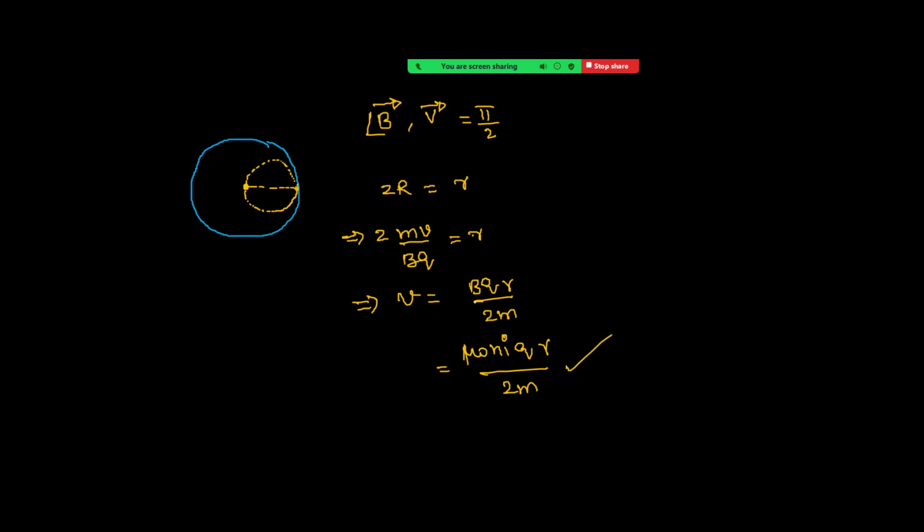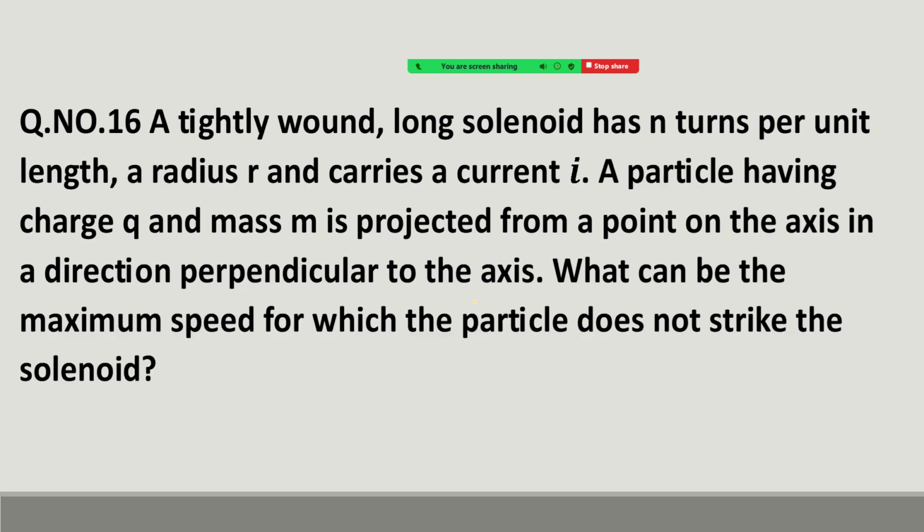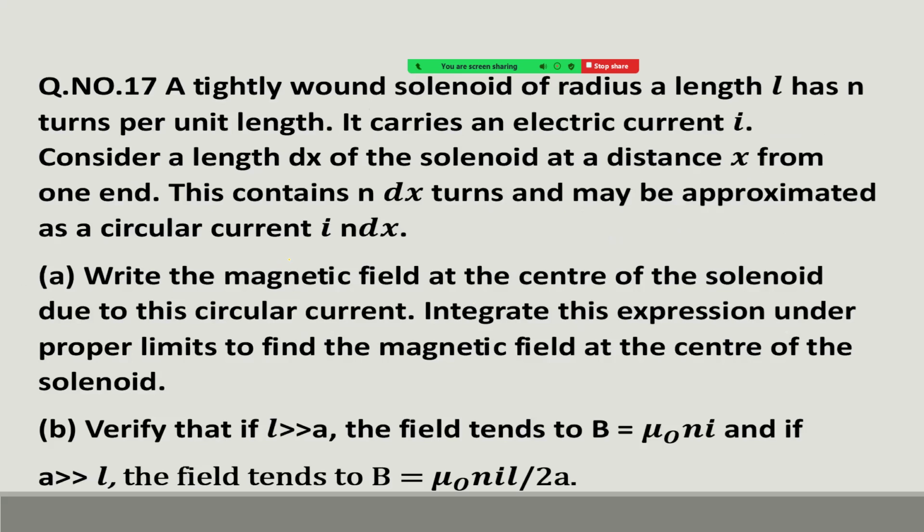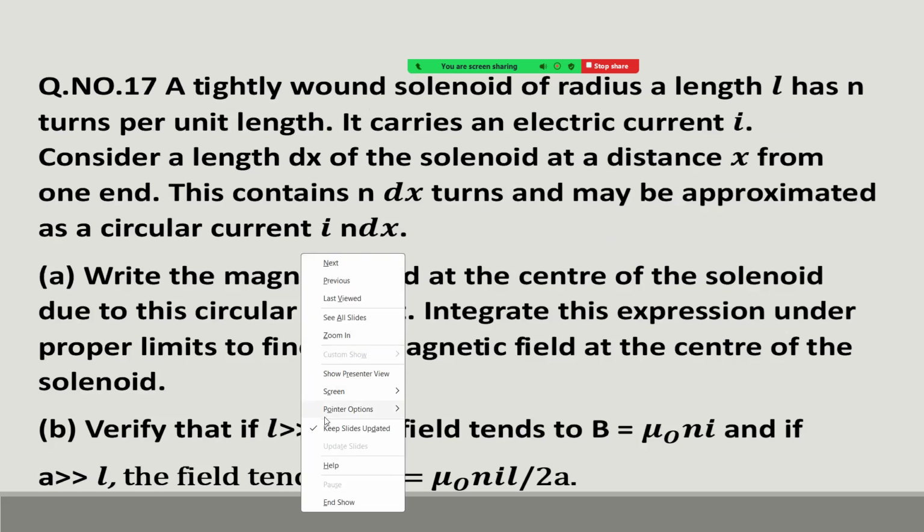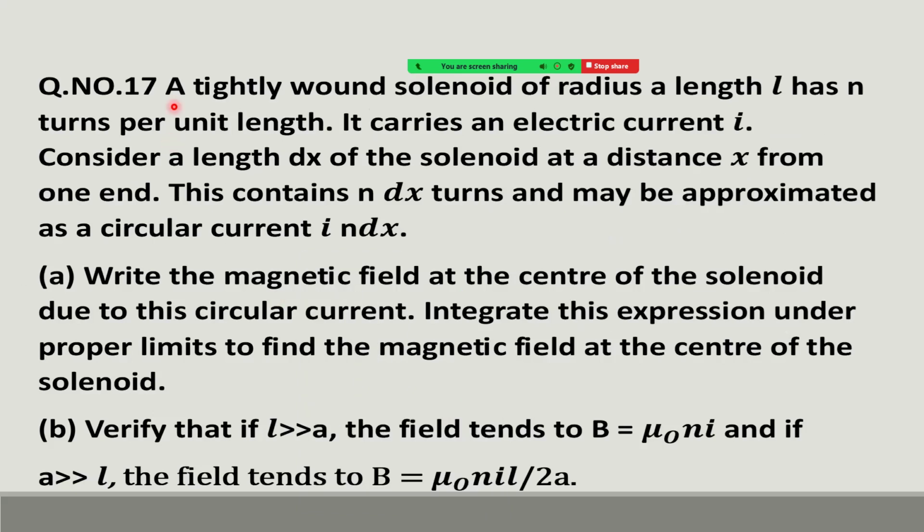Now see the next question. A tightly wound solenoid of length L has n turns per unit length.